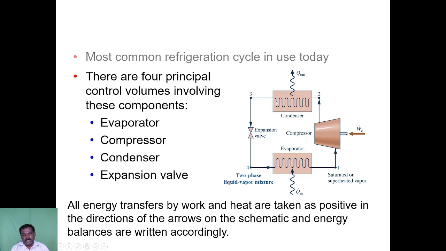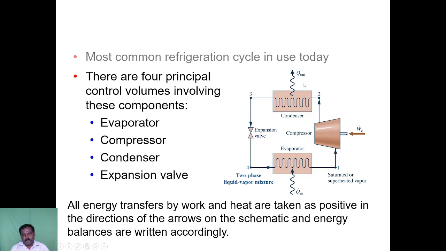So what happens in the condenser? Condensation is just a phase change. The vapor refrigerant enters the condenser and comes out as liquid refrigerant. So vapor enters the condenser, and here just the phase change takes place.